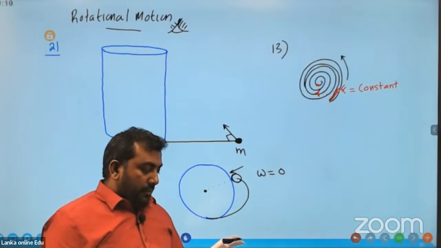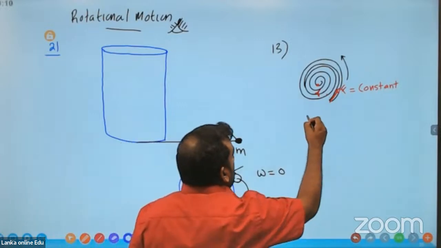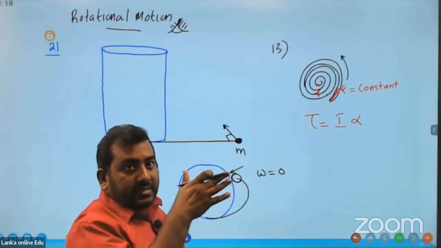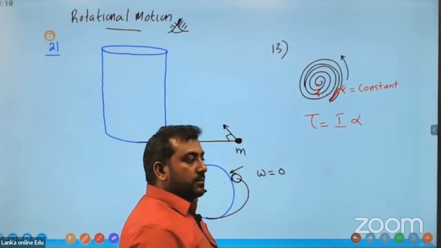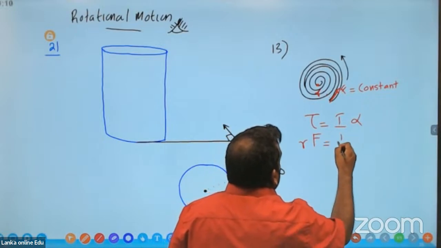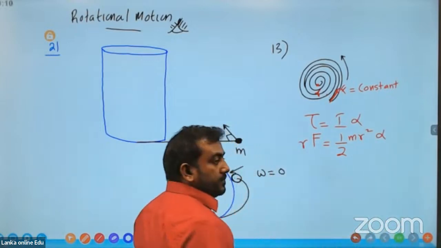Mr omega alpha: mass, radius, angular velocity, angular acceleration. What can you say about this? So if I look at it, torque equals I alpha. So torque is given by this constant burning force. So torque is R times F, moment of inertia is half mr squared, times alpha.